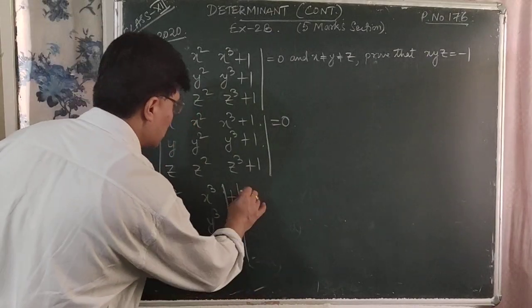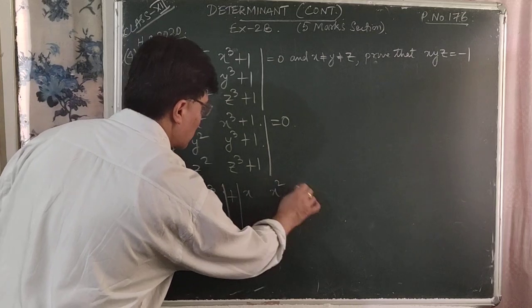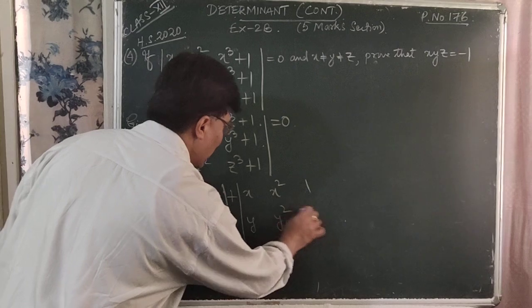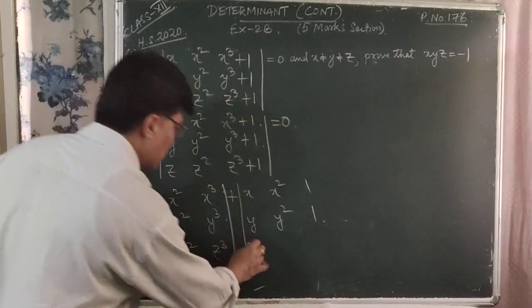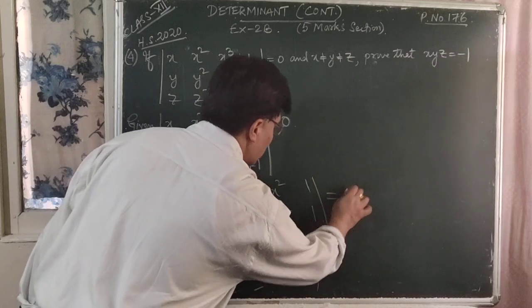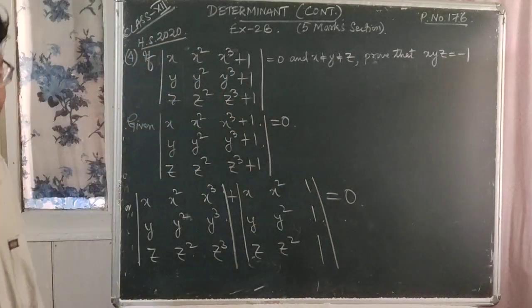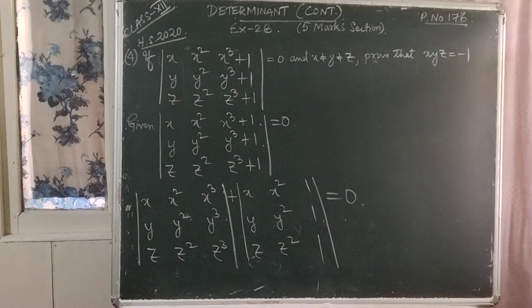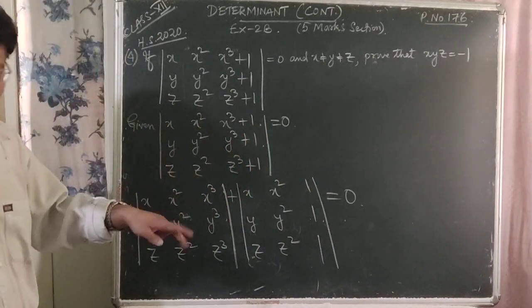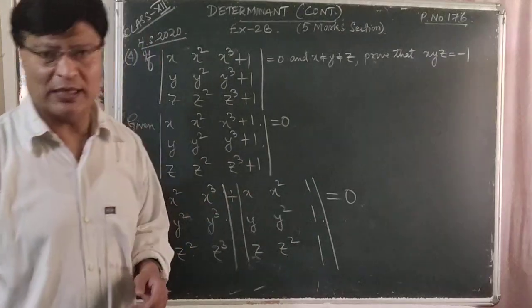Plus, now it is x, x square, 1; y, y square, 1; z, z square, 1, which is equal to 0, right? So this determinant is changed into the sum of two determinants.